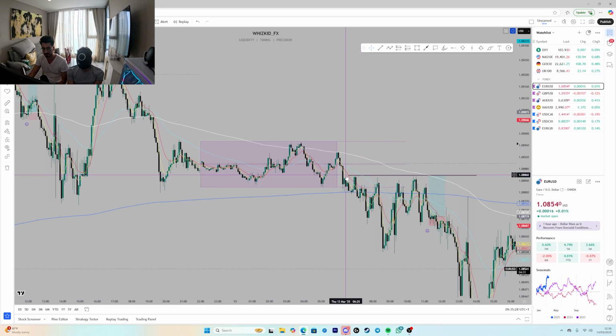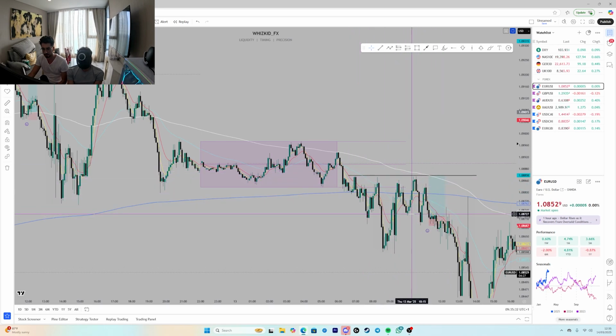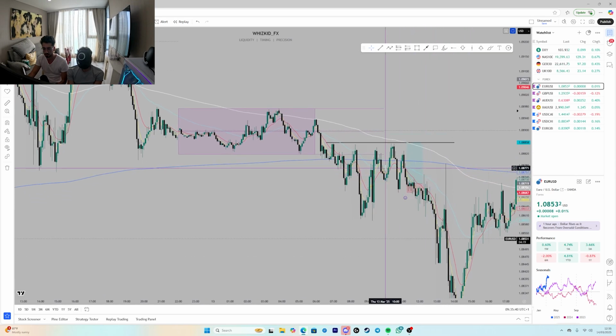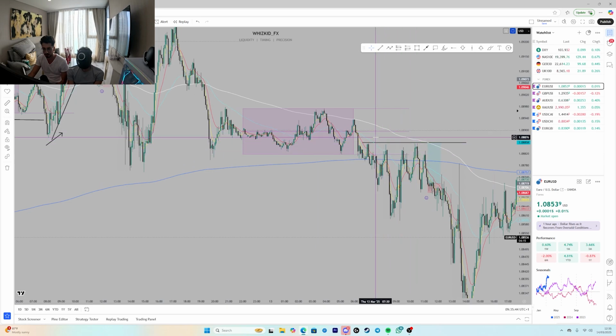It left a support area, pushed down, and created a false breakout structure for us, so we decided to enter in this area. Unfortunately, price just decided to push down again and leave all of this liquidity.